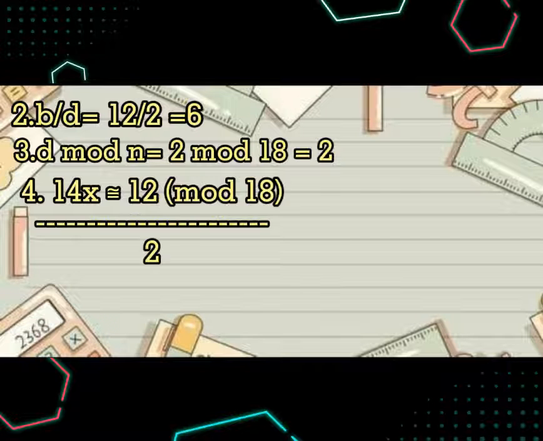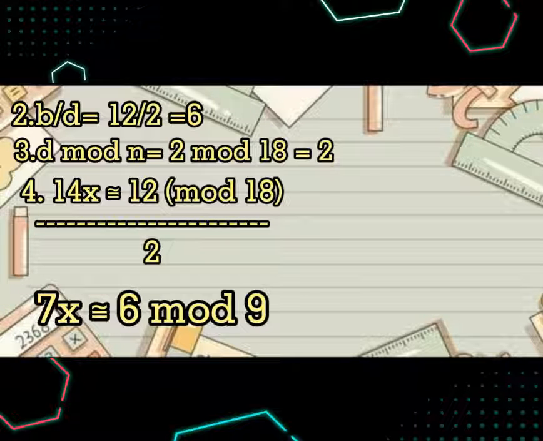Fourth step, divide both sides by d: 14x is congruent to 12 mod 18, over 2. When we divide it, we get 7x is congruent to 6 mod 9.